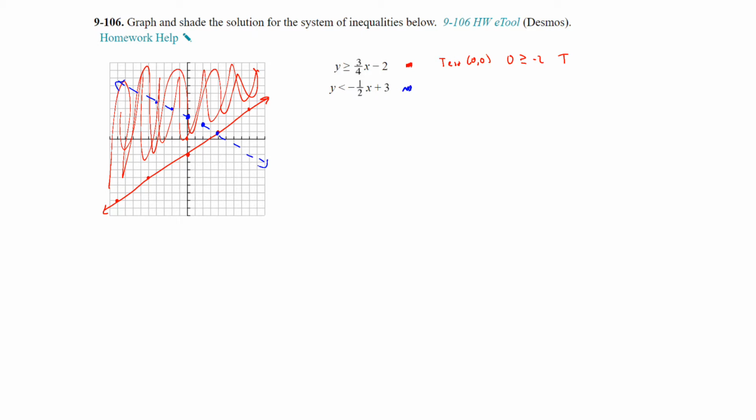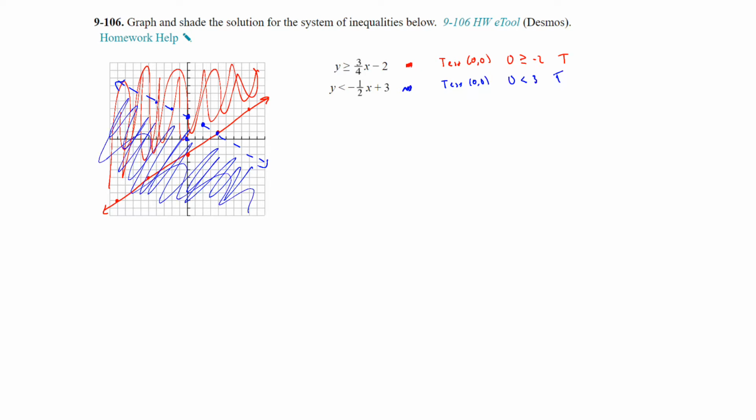And we can once again test (0, 0). That will be below this line, and that gives us 0 is less than 3. And once again, 0 is less than 3, so we would shade in the direction of (0, 0) again, but with the blue line.